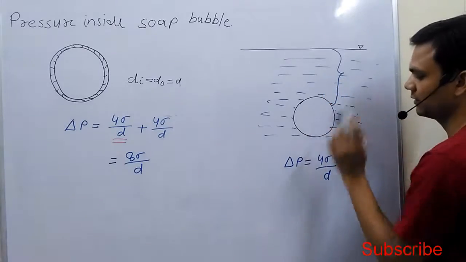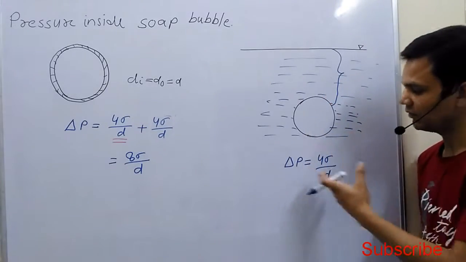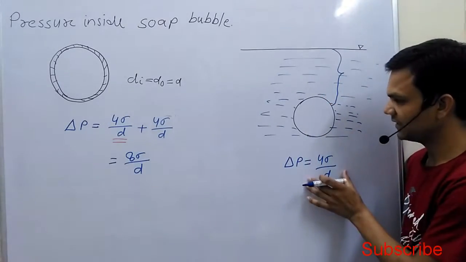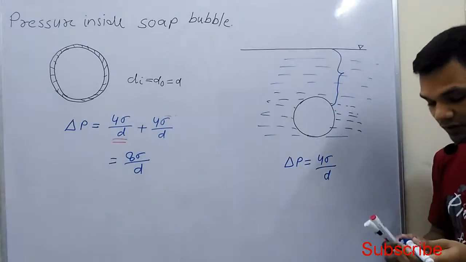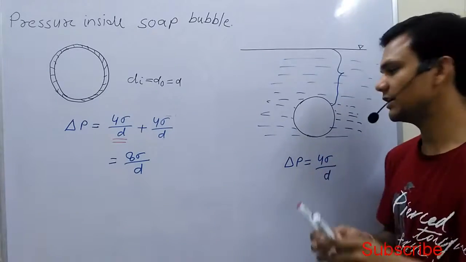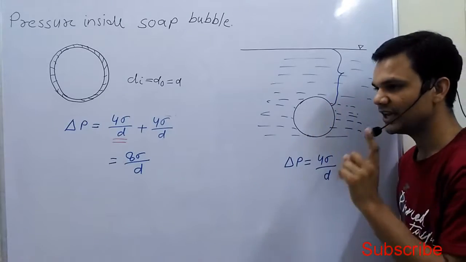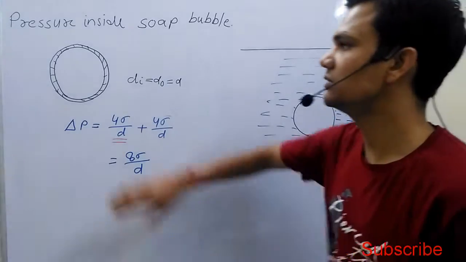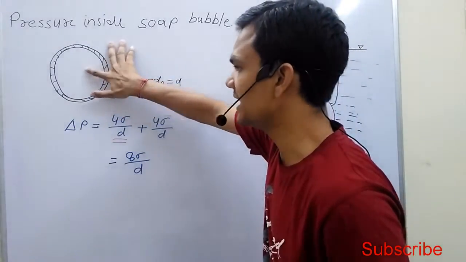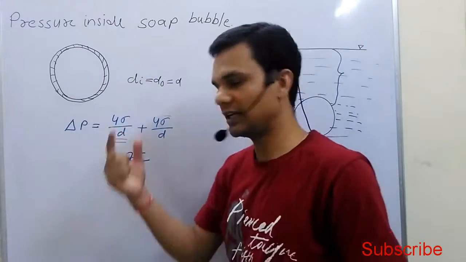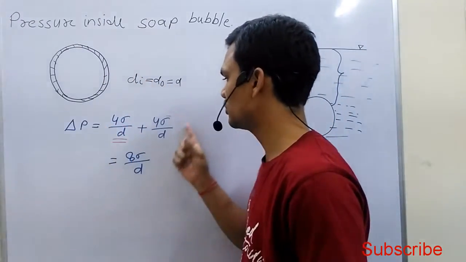So that is the formula for a liquid droplet like this. Now please try to understand one thing. We have considered a case where pressure is acting on both sides, so we take the case like this: 4 sigma by d plus 4 sigma by d.